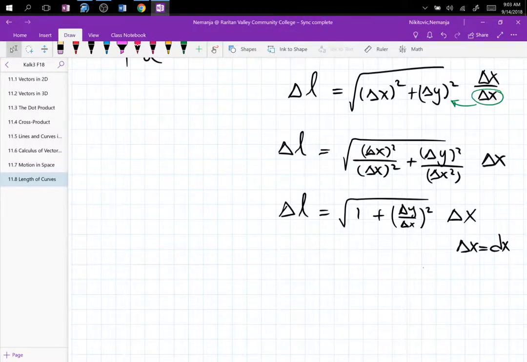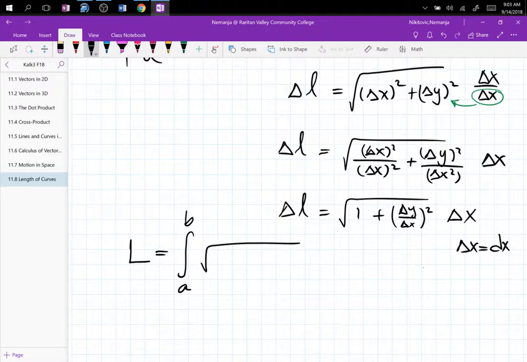So all we need to do is to now say that length is going to be, if we are using the Riemann sum, this is one single little length. We know that we need to add infinitely many of those, and that will give us the integral from a to b. And then you just write 1 plus delta y over delta x.